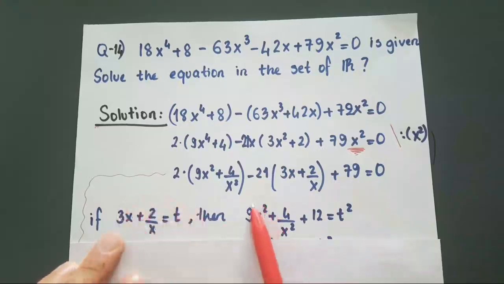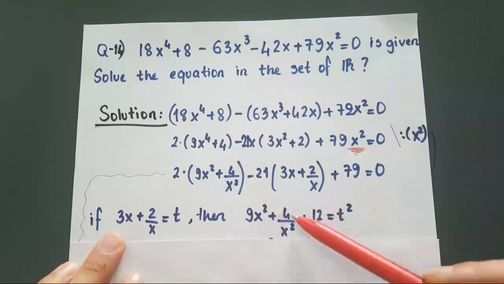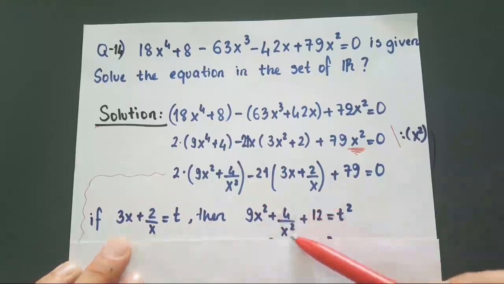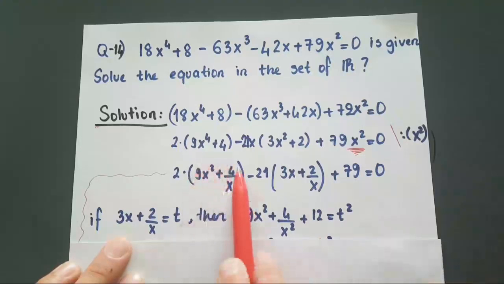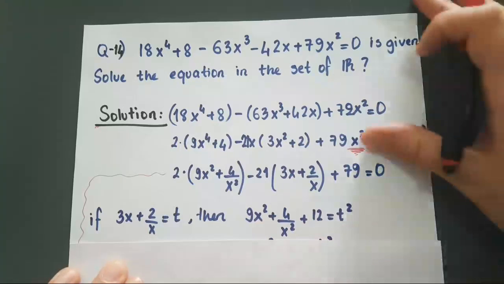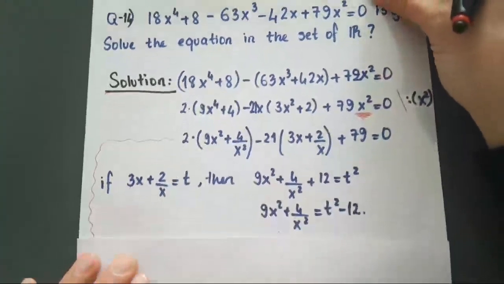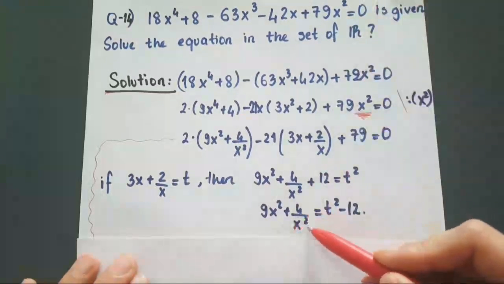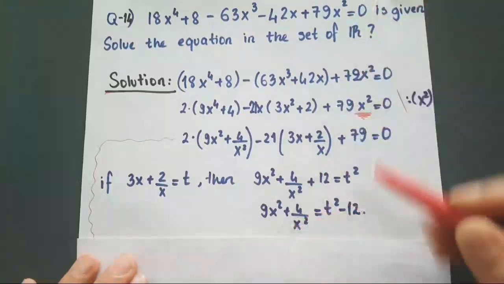It will be (9x squared plus 4) over x squared plus 12, which is t squared. Did I get this in terms of t squared? Yes. So (9x squared plus 4) over x squared is equal to t squared minus 12. Yes, I can write it in that form.